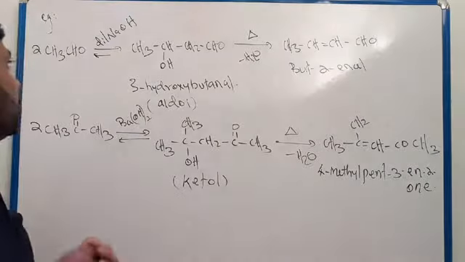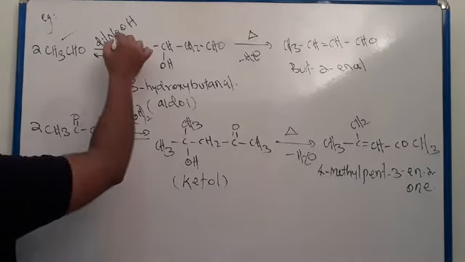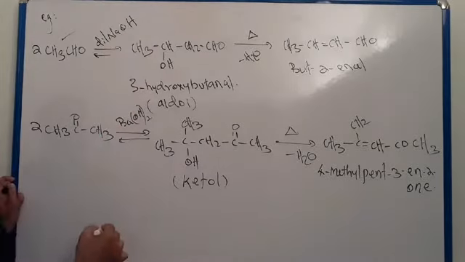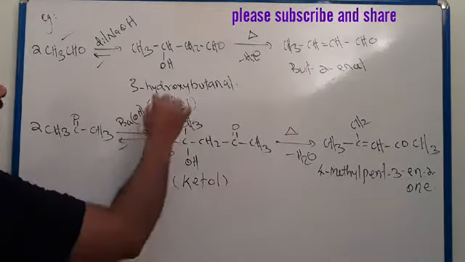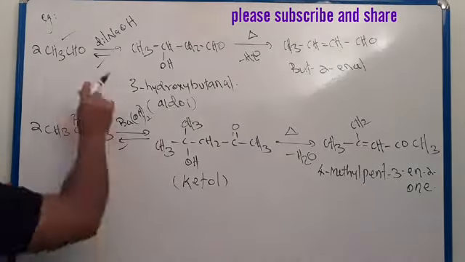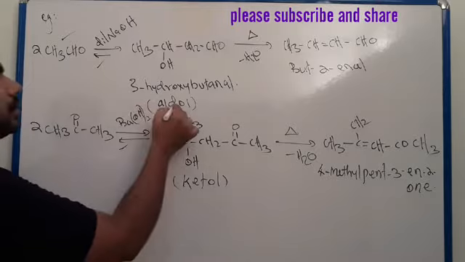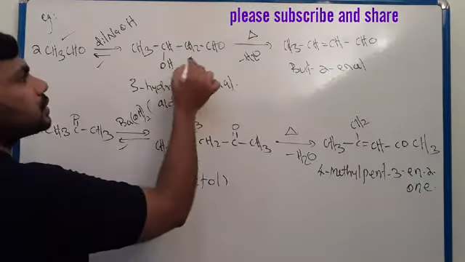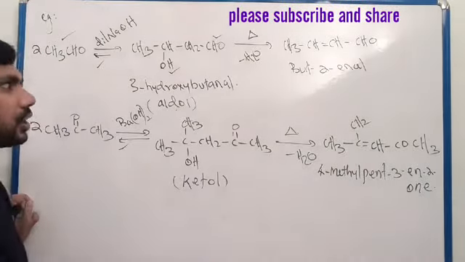So here, two molecules of aldehyde react with sodium hydroxide. This chemical reaction takes place in presence of alkali, and this alkali acts as catalyst. In presence of alkali, aldehyde gives aldol. Aldol means this compound which contains aldehyde and alcohol functional group.